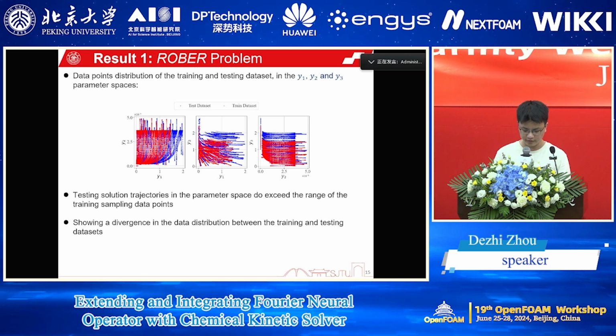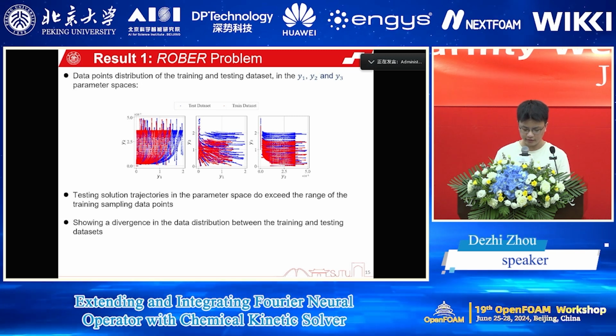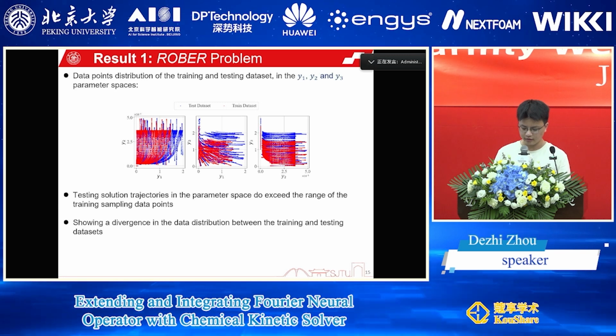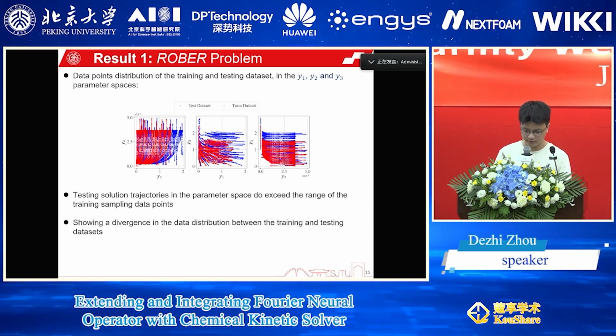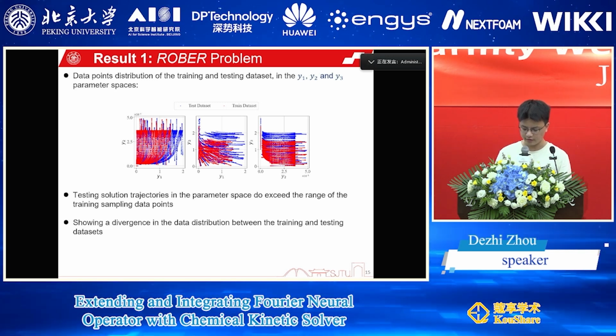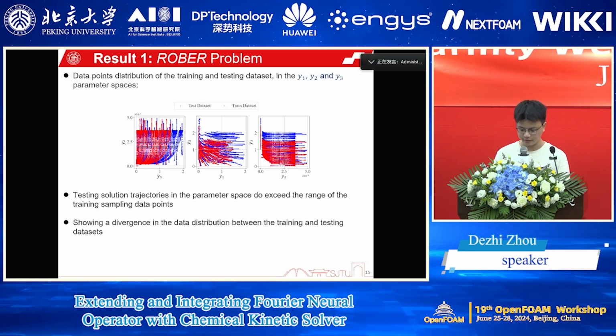This figure demonstrates the training and testing dataset distributions in Y1, Y2, and Y3 parameter space. It is seen that compared with the sampling data distribution in the training dataset, there exist data points in the testing dataset that lie outside the distributional boundaries of the training dataset. It is significant to show here that the testing solution trajectories in the parameter space do exceed the range of the training sampling data points.